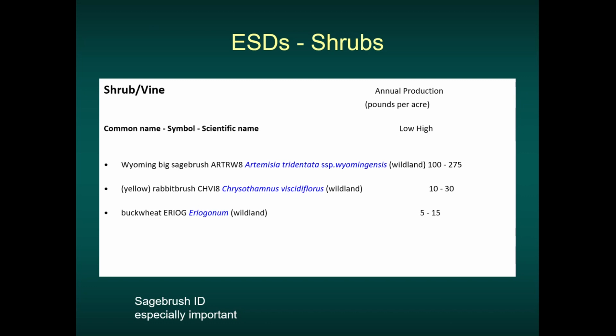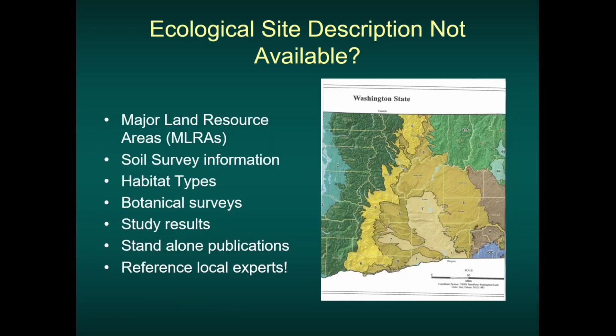And beyond that, sagebrush populations even have very specific adaptations. So if possible, you're going to want to purchase seed from the same region or even the same county in some cases. That might be difficult, but it's something to strive for.